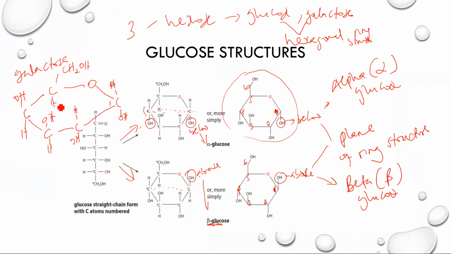For galactose, the OH attached to carbon 4 is above the plane of the ring structure, but for alpha glucose, the OH attached to carbon 4 is below. Can you see? It is below here, and this is above.